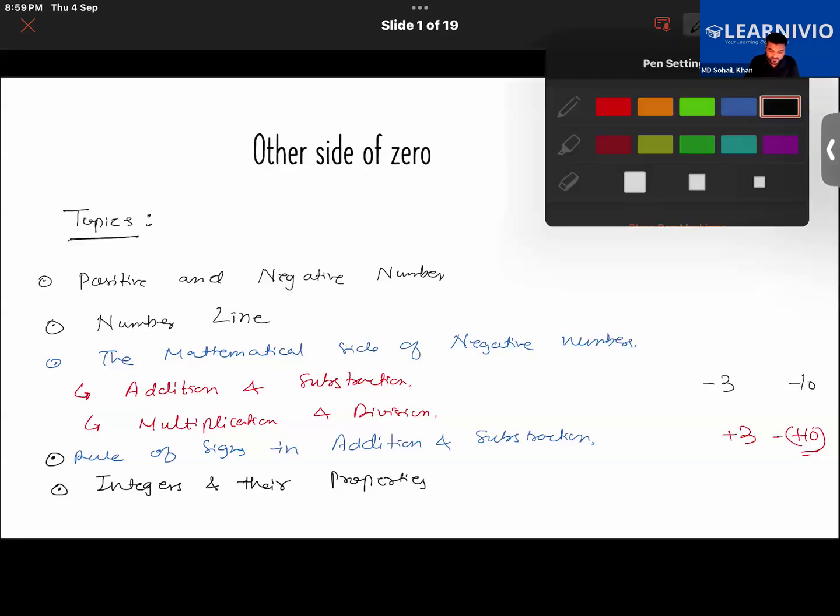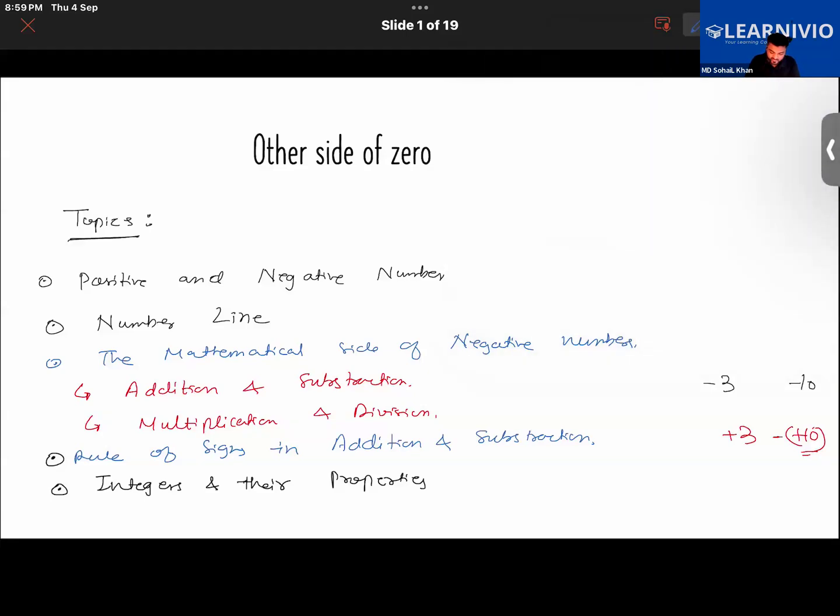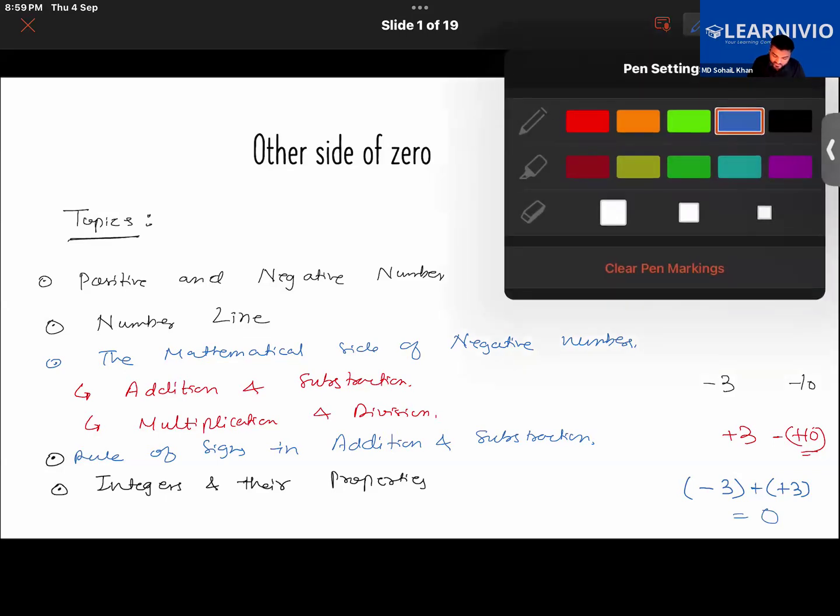For example, suppose you have -3 and +3. If you were to add them, what will you get? 0. So we'll be learning about such things.